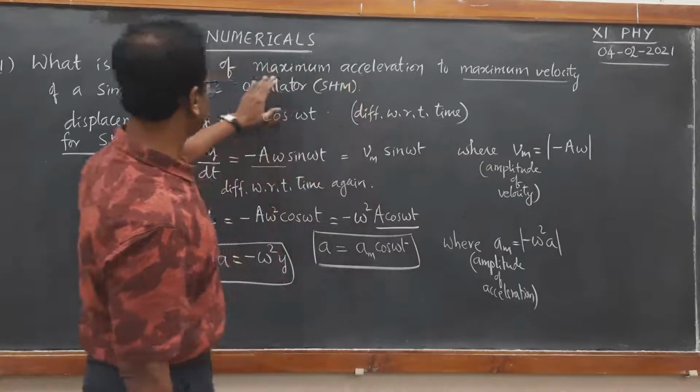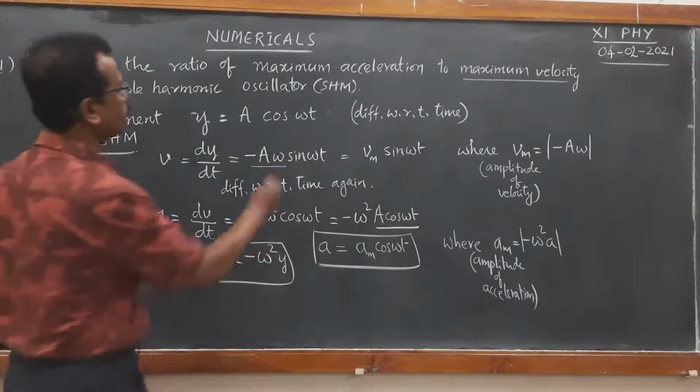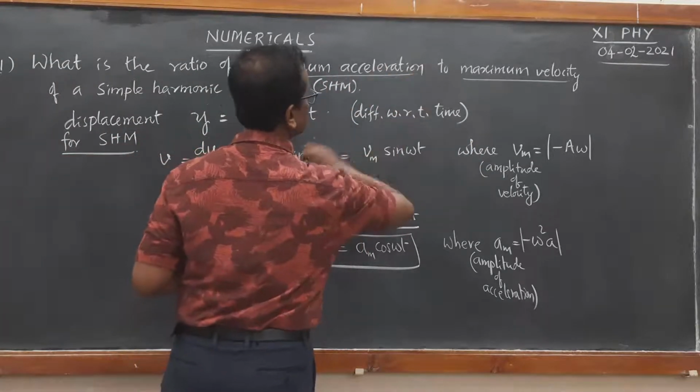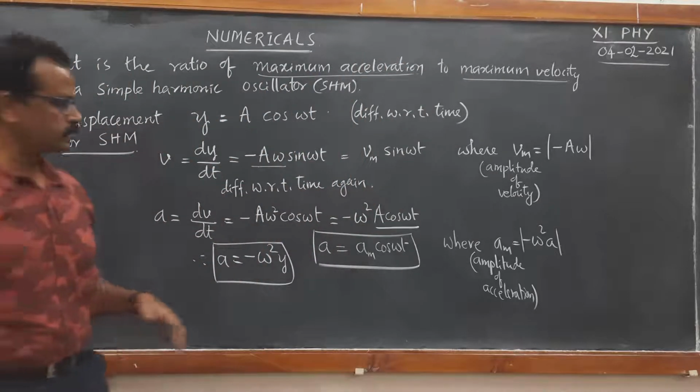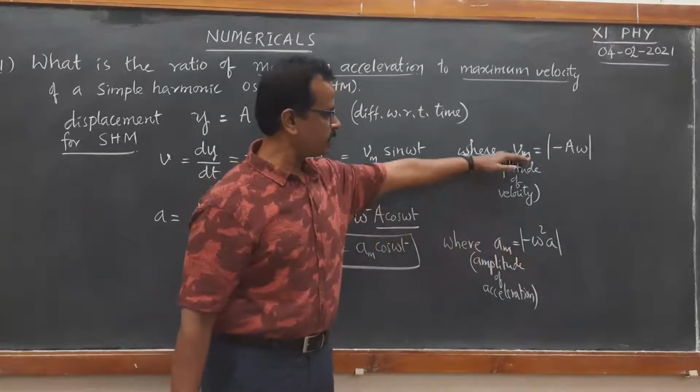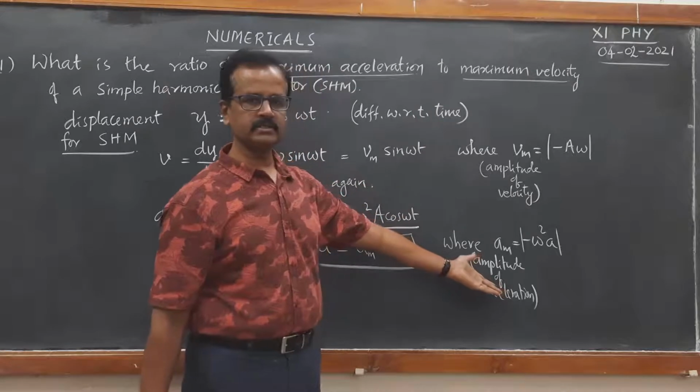Here you are asked to calculate the ratio of maximum acceleration to maximum velocity, the ratio of A max by V max. Now we can readily get it.